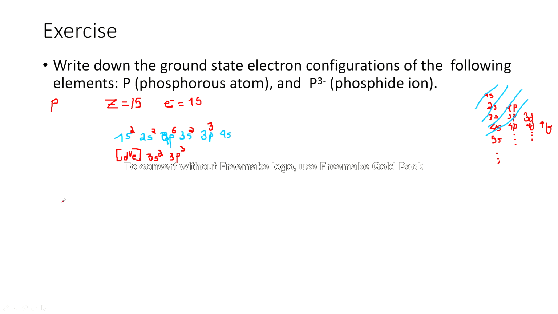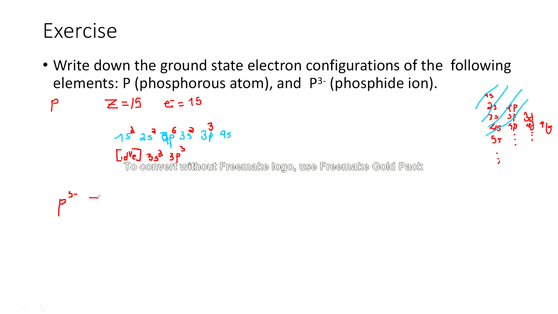Now let's do the electron configuration for the phosphide ion. That is P3 minus. The phosphide ion is not a neutral atom anymore; the charge is -3.